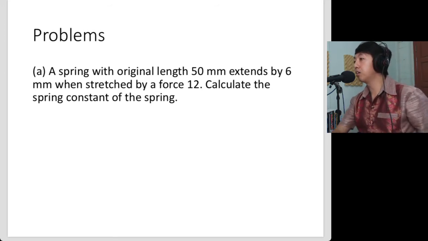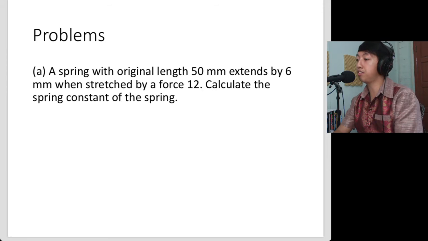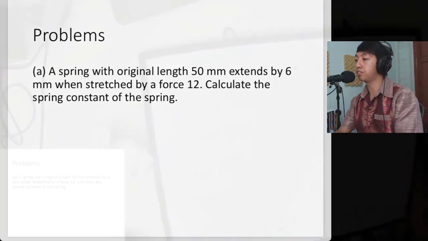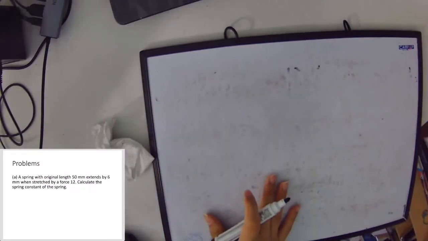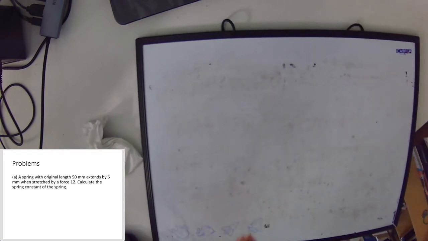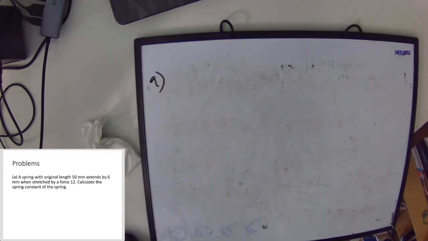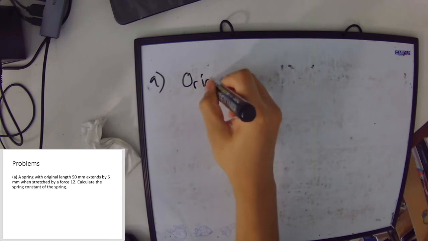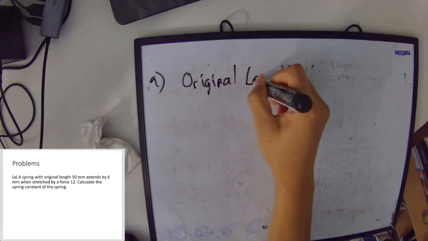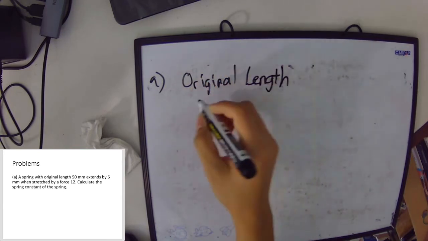So let's take a look at the information that we have here. So what I like to do, I've said this before, I like to write down all the information first. So original length is 55 millimeters. So we write it down.